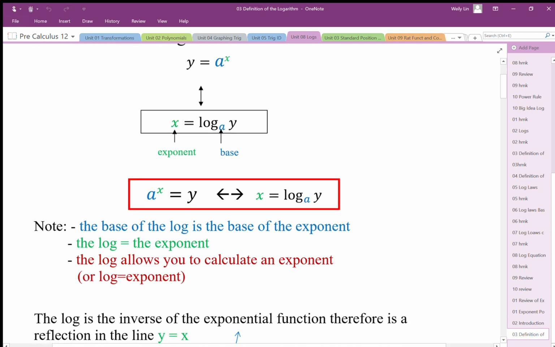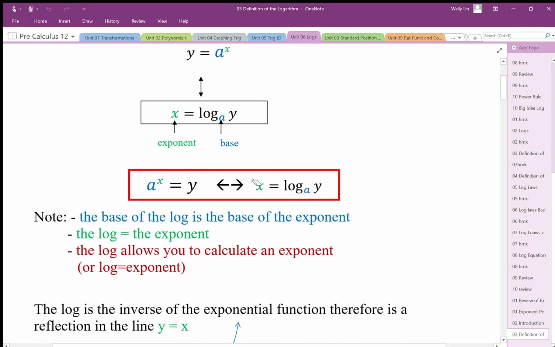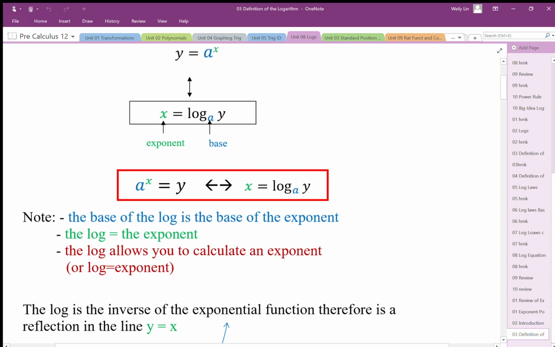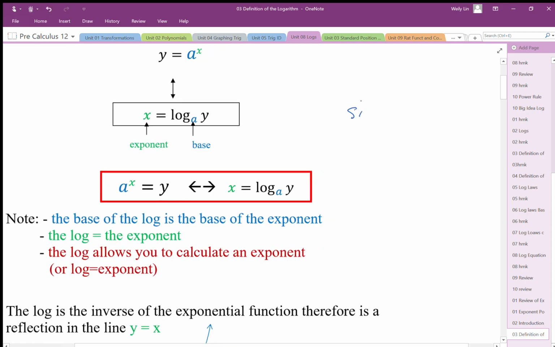So these are equivalent expressions. These two things are exactly the same thing. One is expressed as an exponent, the other expressed as a log, but they actually mean the same thing. And I'll give you an analogy here. We have something like this: sine theta equals x. This expression here, this is our ratio x, this is our angle theta.